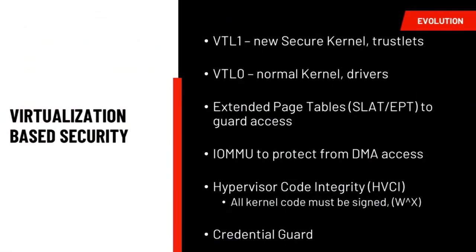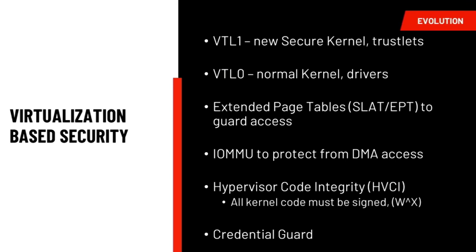To mitigate these more advanced attacks that are exploiting their way into the kernel, Microsoft released virtualization-based security, or VBS. With VBS, the kernel itself is no longer considered trusted. It's sandboxed by a hypervisor. There are a number of technologies built on top of virtualization-based security. One is hypervisor code integrity, known as HVCI, which basically requires all kernel code to be signed, and it's enforced by the hypervisor.